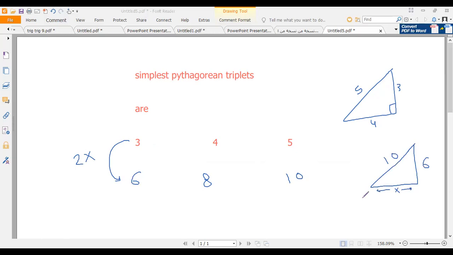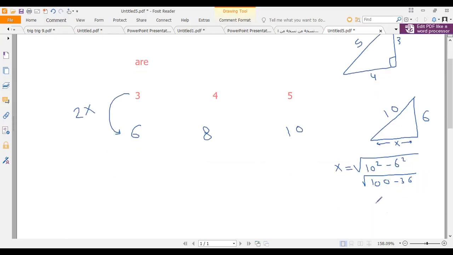You can lose time in the exam if you use Pythagorean: x equals the square root of 10 squared minus 6 squared, which is 100 minus 36, which is 64 under the root. As you see, I have many steps to find the side. Finally it would be 8.